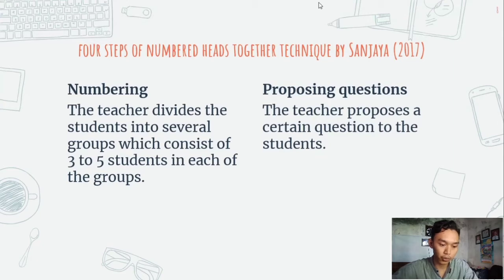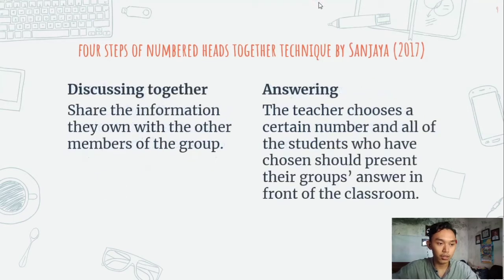The questions proposed should be varied, from specific questions to general ones, and created with different levels of difficulty, from the easy one to the difficult one.